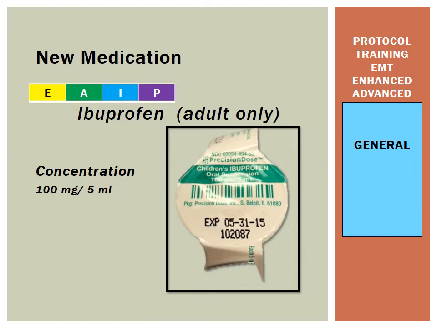Some side effects are anaphylaxis, rash, GI bleeding, nausea, tinnitus or ringing in the ears, and headache. And as you can see by the picture, the concentration we're going to be carrying this medication in is a liquid form in a small cup that looks similar to a coffee creamer at 100 milligrams in 5 mLs.